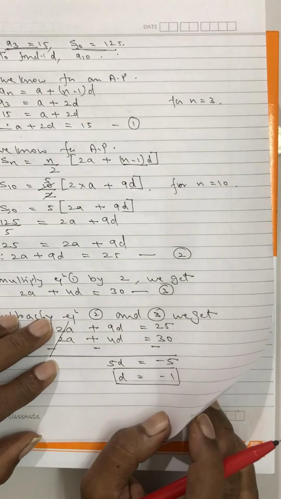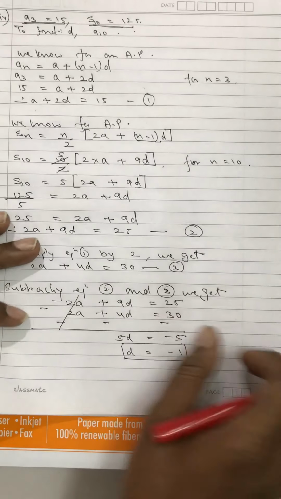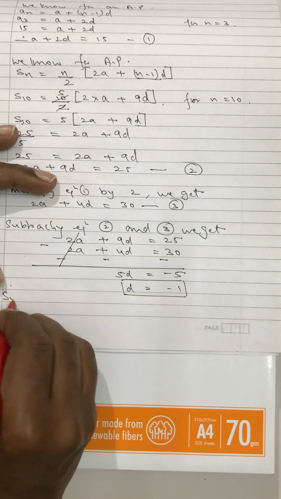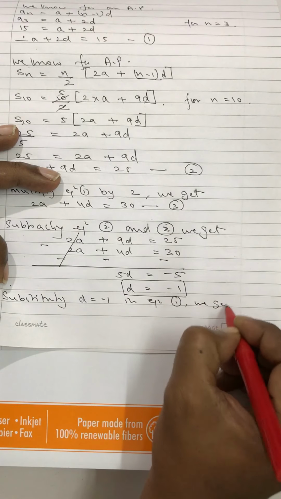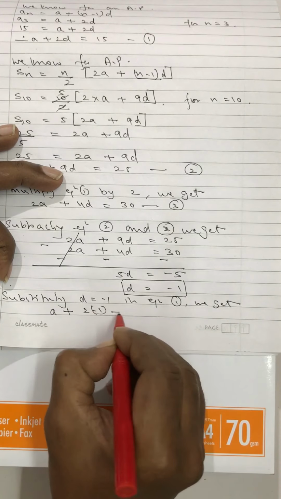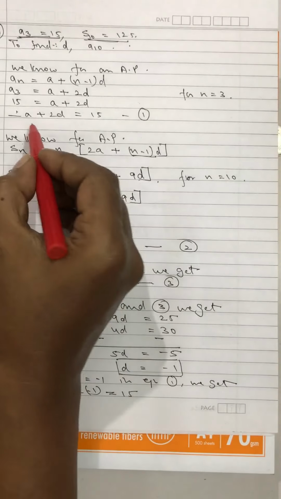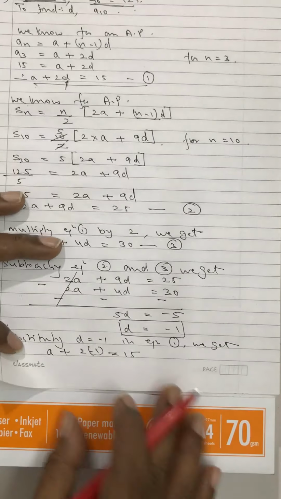We require a10. For that again we will require to find a first. So substituting in equation 1, a plus 2 into -1 is equal to 15. This is your equation 1. In place of d I'll write -1. So I'll get what?